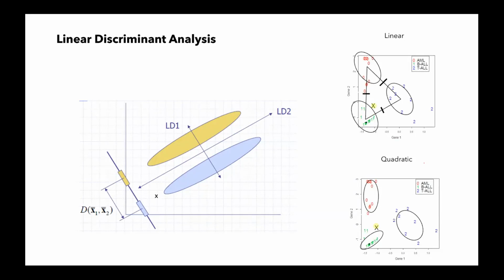So it depends on the distribution of the data what kind of LDA you will be running, whether it is linear or quadratic. In quadratic, as you see, there are different shapes. These are details that are important to understand, because you have to understand your data a little bit to be able to select the right method.